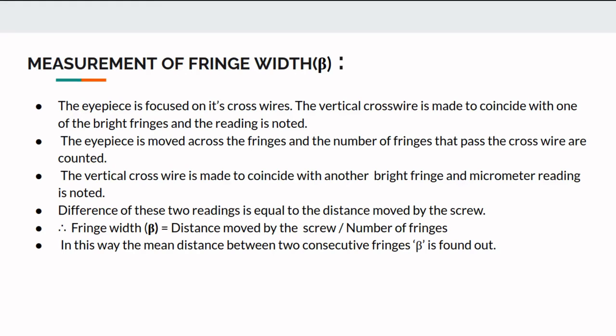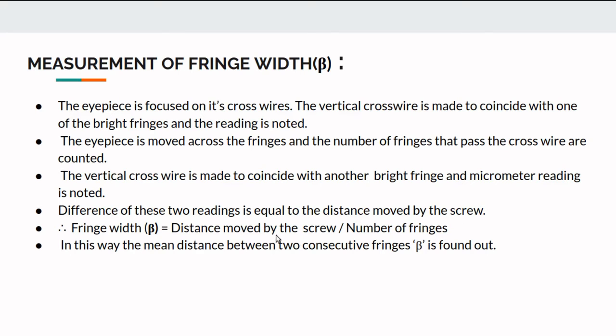By counting the number of fringes, again the vertical crosswire is made to coincide with another bright fringe, and the reading of the micrometer is noted. The difference of these two readings is equal to the distance moved by the screw. We know that fringe width is equal to distance moved by the screw divided by the number of fringes.